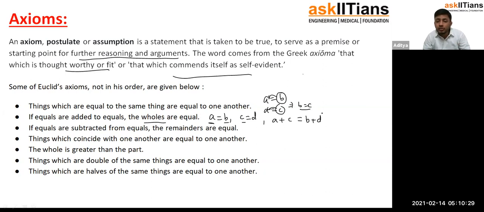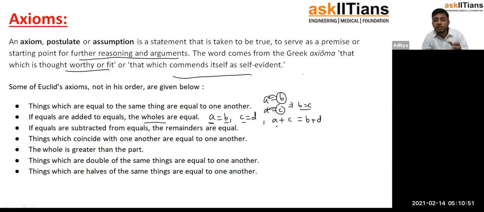The wholes are equal. So whole basically refers to sum. Since it has been translated from the Greek language to the English language, sometimes you might find the language a little bit weird, and sometimes a little bit philosophical, poetic, right? But at the end of the day, we need to understand what it means.